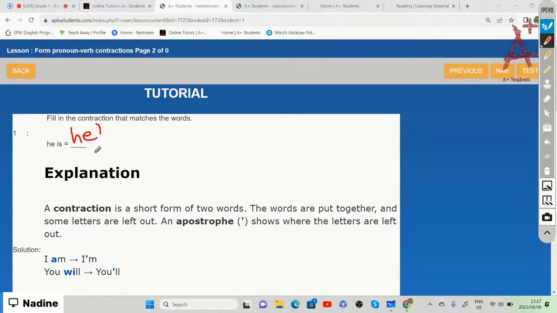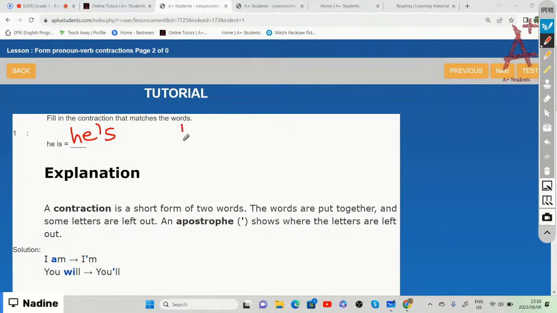We leave out the I and we just put the s. So he's stands for he is. So he's is a short form for he is, right?